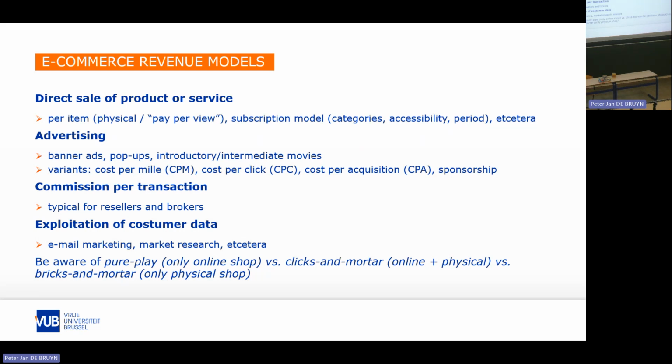And normally the direction is the other way around: you go for a bricks and mortar, a purely physical shop, and you add an online channel to it. But sometimes, like with Amazon, we saw they started as a pure play, and then they also opened some real life shops. I think it's mostly in the United States, but still there they have some shops. So there are combinations, there are different ways of tackling it, and those different ways might also change throughout time.